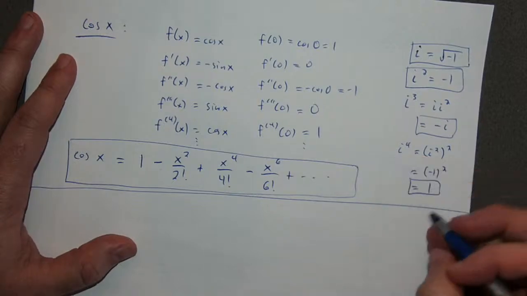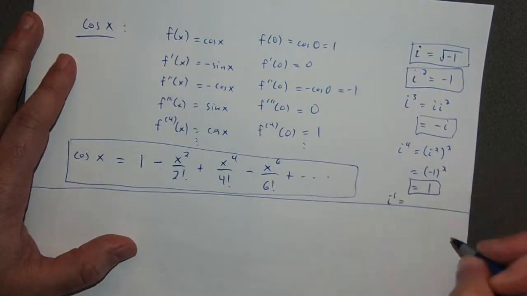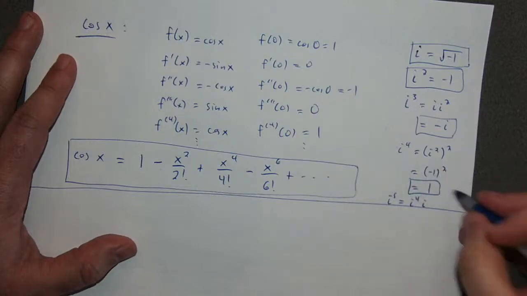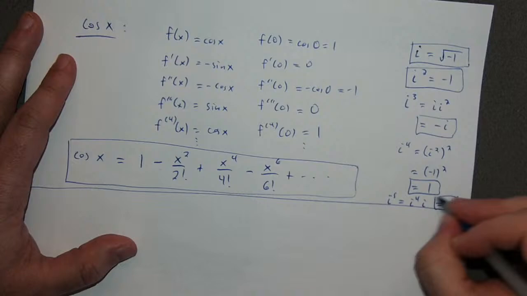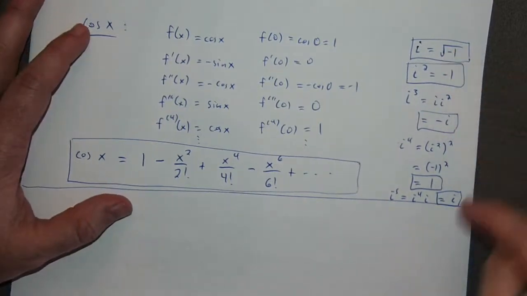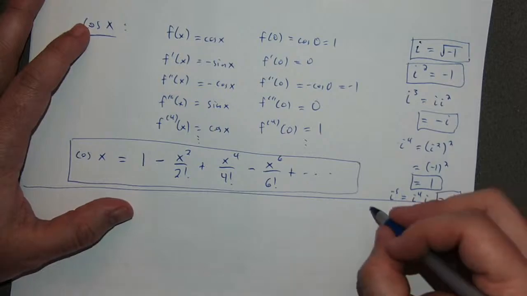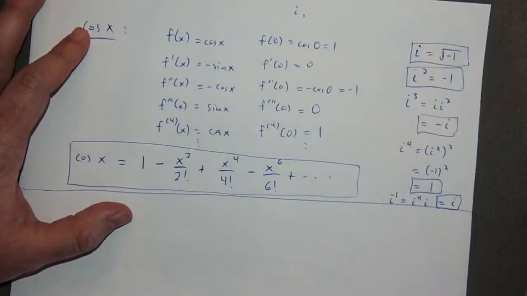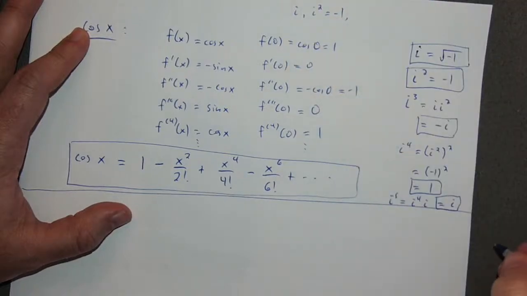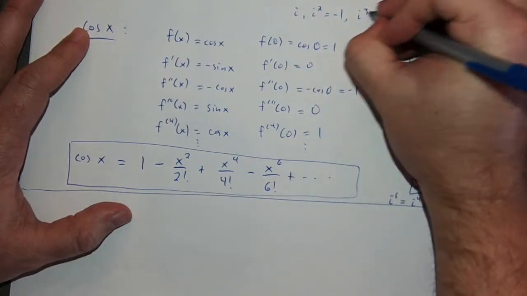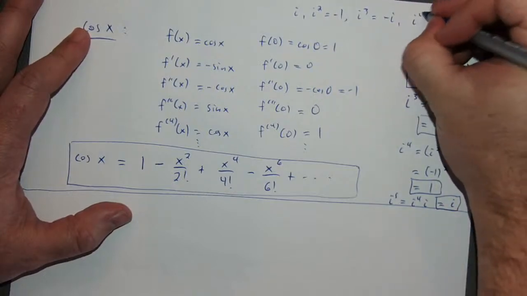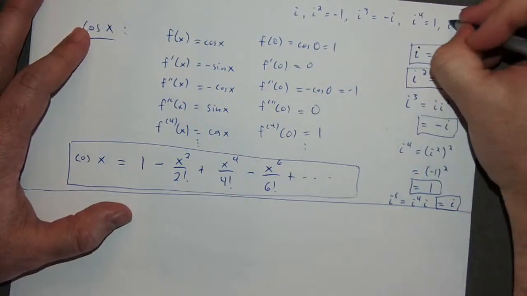What about i to the fifth? i to the fifth is i to the fourth times i. But i to the fourth is 1, so this is just i, and the cycle repeats again. Writing that out without any computation: i is itself, i squared is minus 1, i cubed is minus i, i to the fourth is 1, and i to the fifth is i.